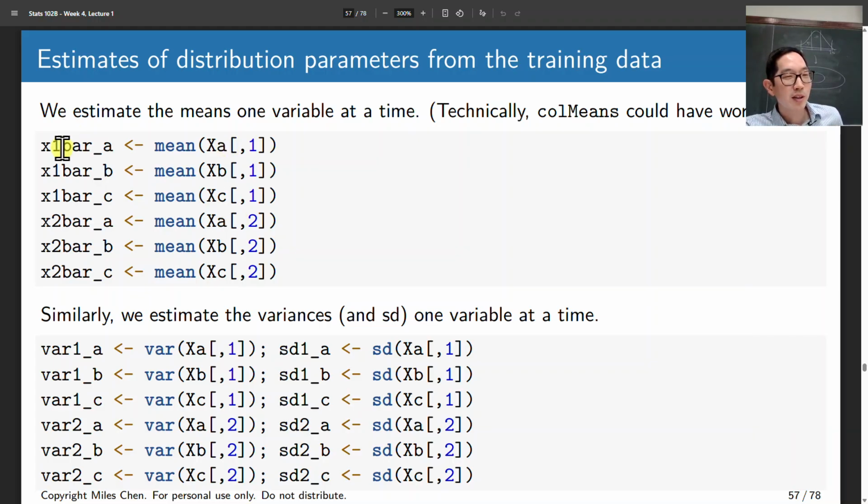So I've got x1 bar and x2 bar for class A, B, and C. And then I'm going to calculate the variance of each column individually, variance and standard deviation. So I've got the standard deviation of column 1 for class A and the standard deviation of column 1 for class B, standard deviation of column 2 for class A, and so on and so forth.